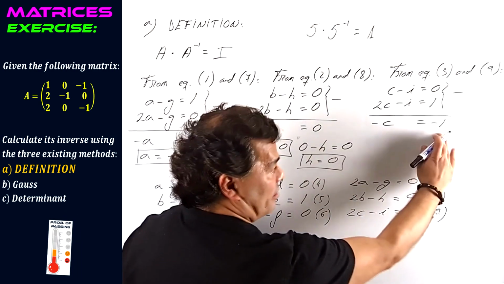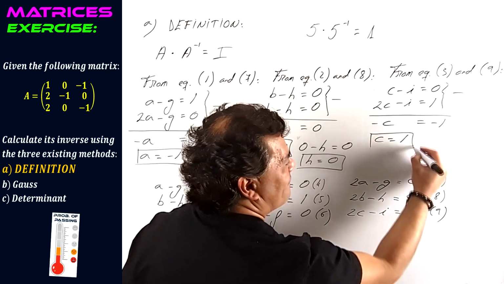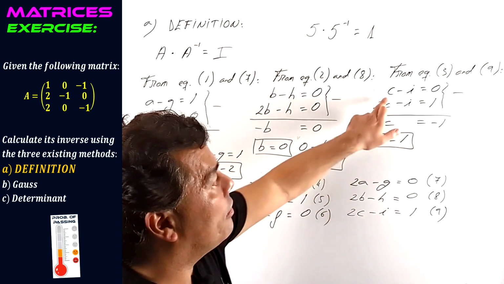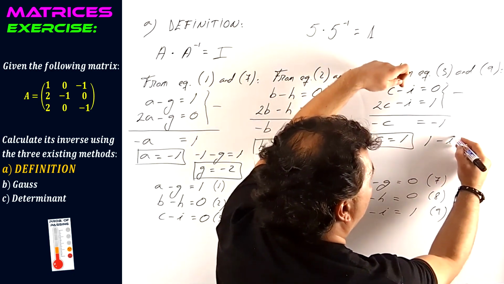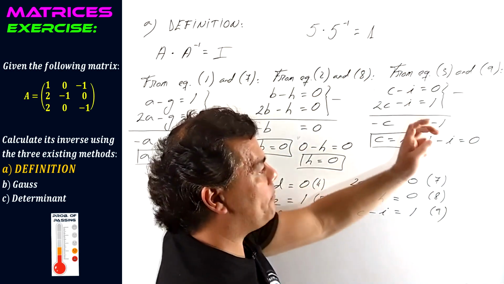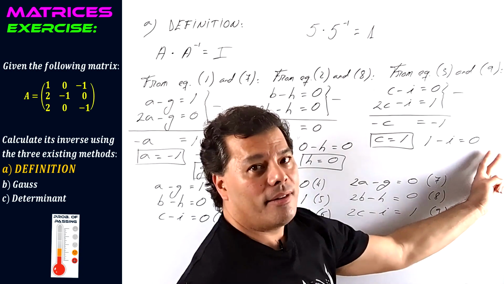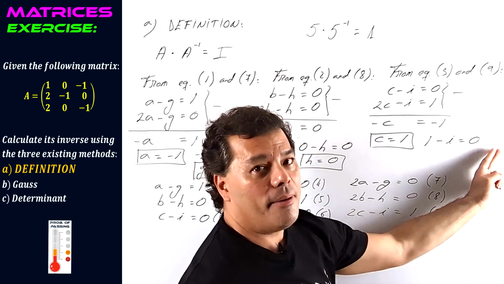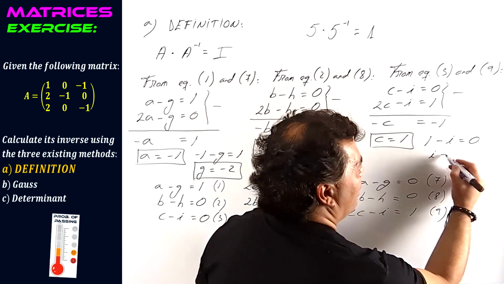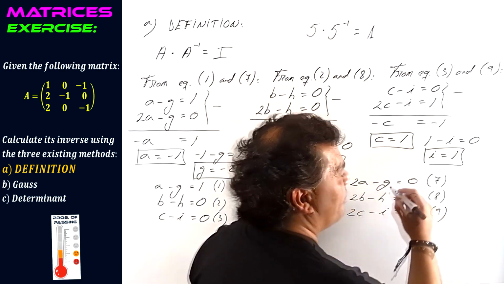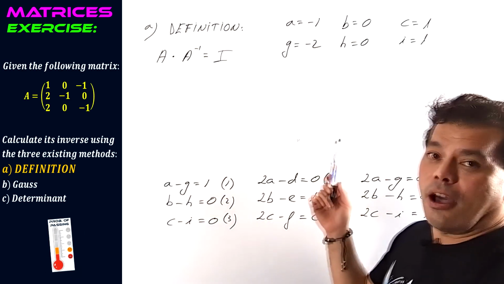And there we have, let's change the sign on both sides, C equals 1. And for example, in the first equation, 1 minus I equals 0. Just imagine the variable I flying to the right in the form of positive I equals 1. I equals 1. Right? Since I ran out of space, I put the previous results on top.